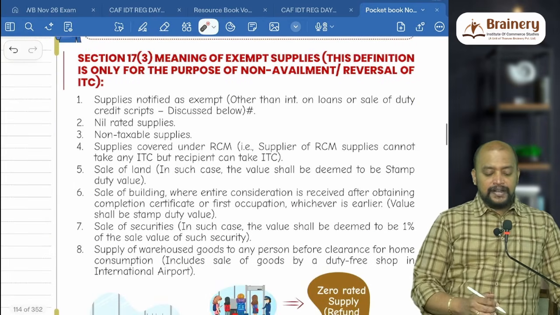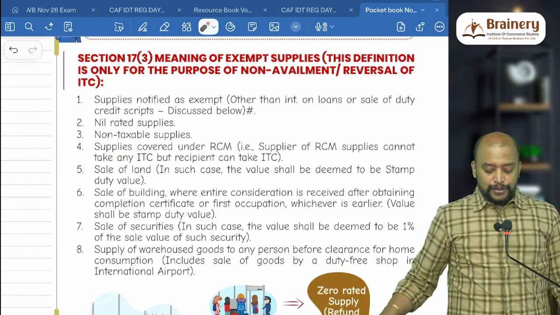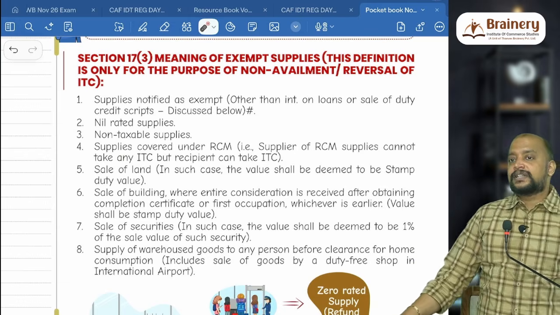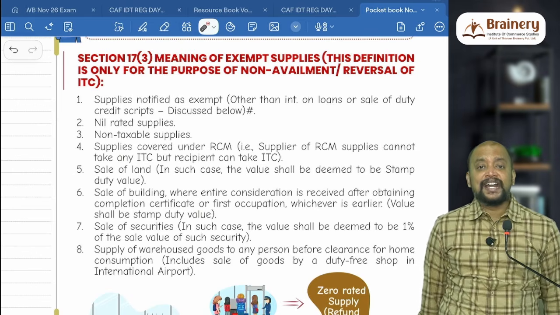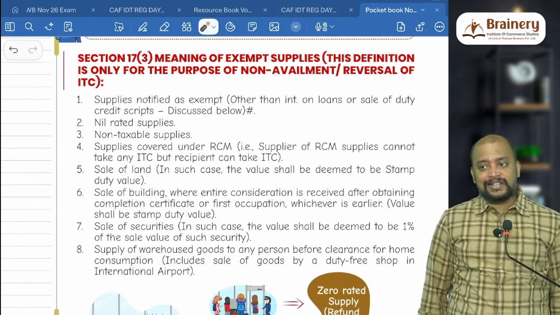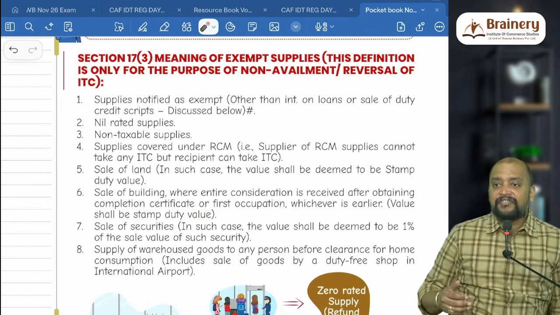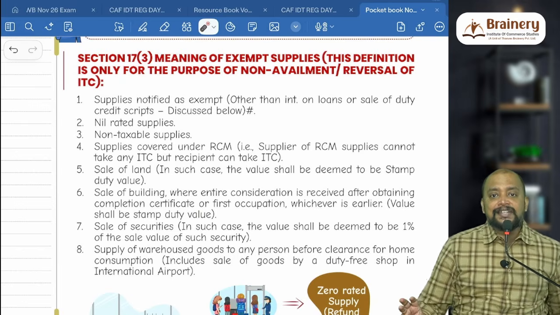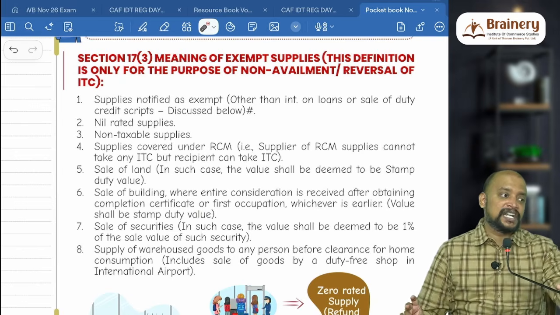Next, we have meaning of exempted supplies in 17(3). So in total, you need to remember 8 transactions as exempted supplies for ITC purpose. Number 1, notified as exempted. Number 2, nil rated. Number 3, non-taxable. Number 4, supply covered under RCM. Number 5, sale of land. Then sale of building where entire consideration is received after obtaining completion certificate.